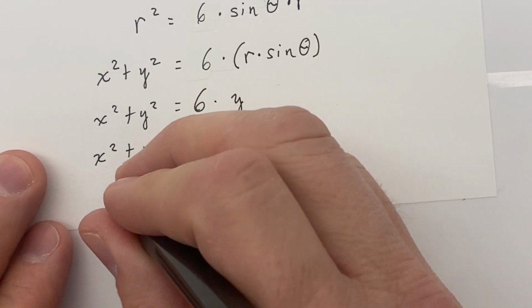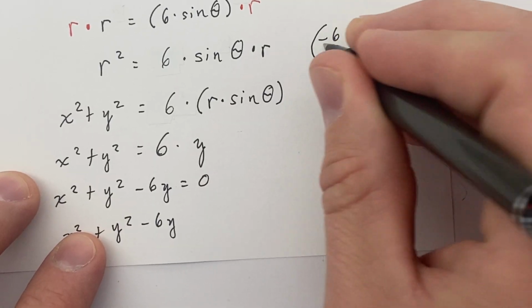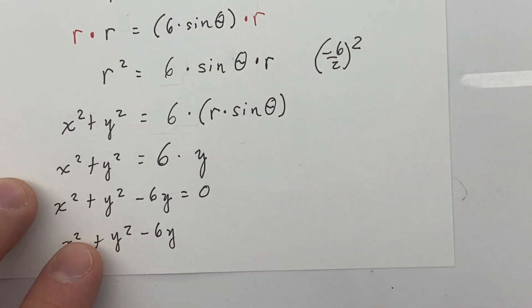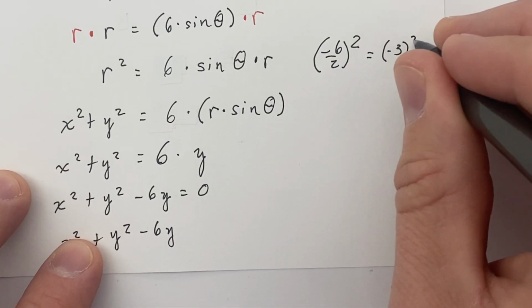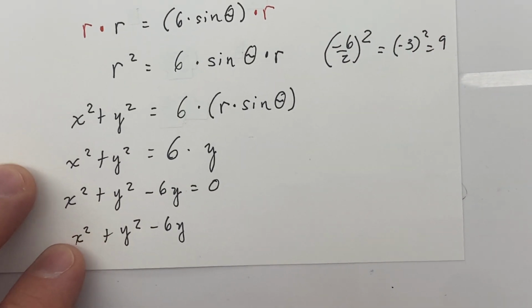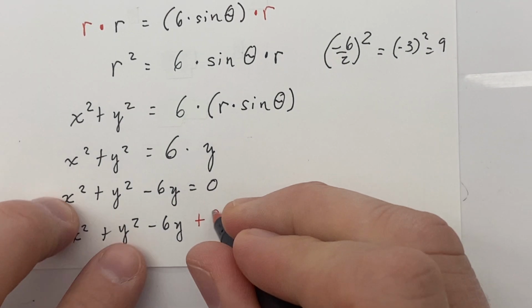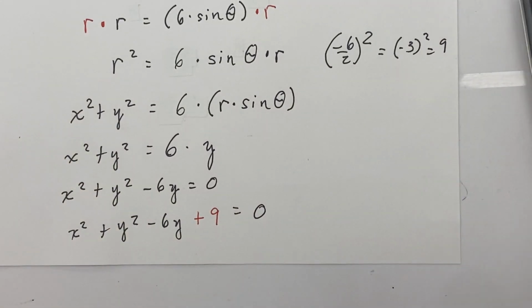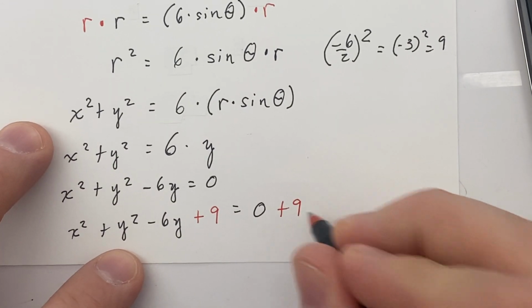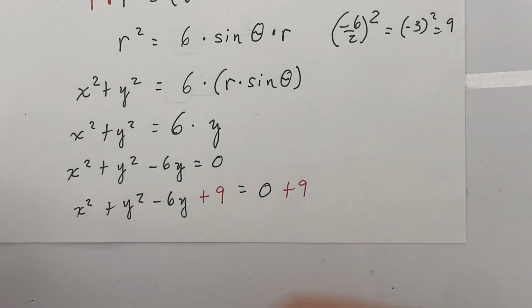So hang with me. X squared plus y squared minus 6y. Half of negative 6 is negative 3. 3 squared is 9. Plus 9. What we do to one side of the equation, we got to do the other. So plus 9 over here on the right. We're about there.